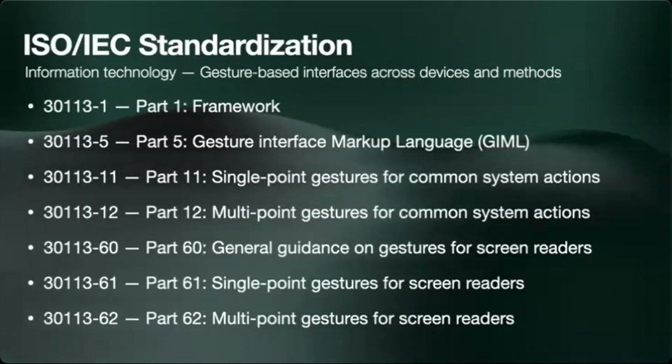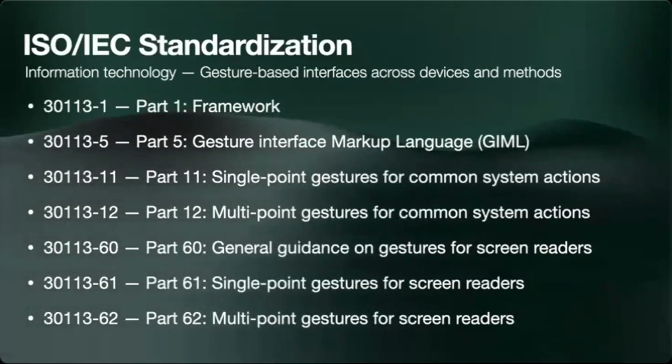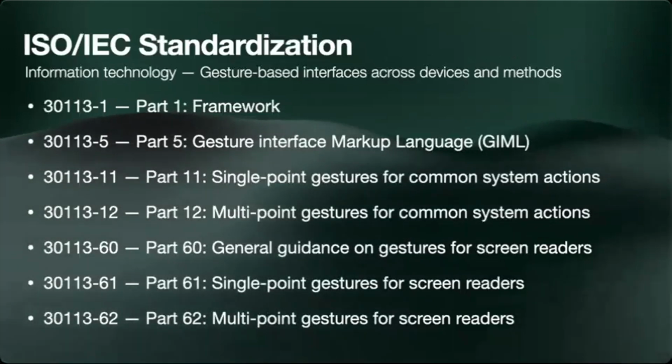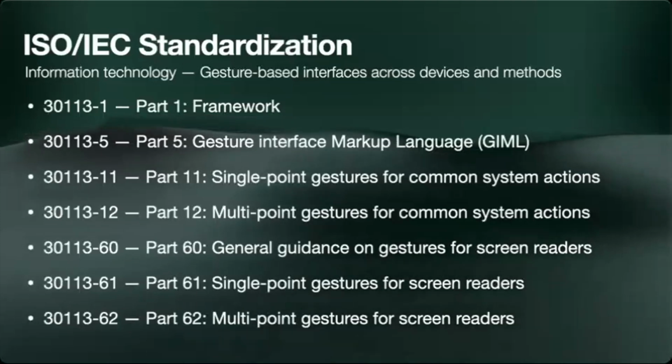As for other efforts, the ISO/IEC 30113 series is a prime example of an effort aimed at international standardization of gesture-based interfaces. This standard demonstrates an effort to consistently define gestures across different devices and interaction methods, and to enhance accessibility.